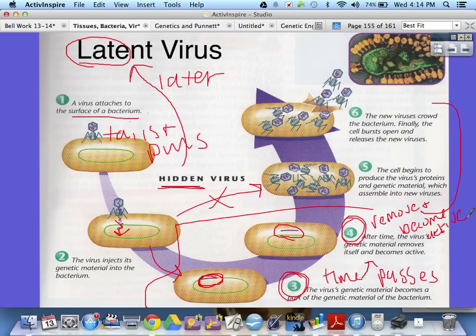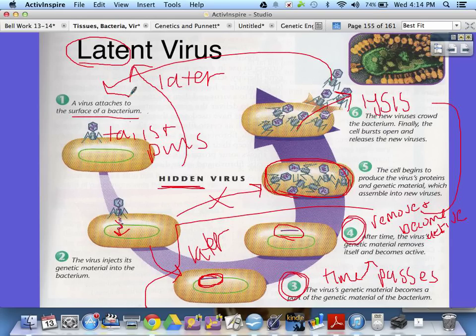So then we're able to go from step 4 to step 5 and step 6, where it's now active, because see, it occurred later. It makes all these little particles. They get put back together. They lysis out, remember? Lysis means they're breaking out, and then they go and repeat this cycle again.